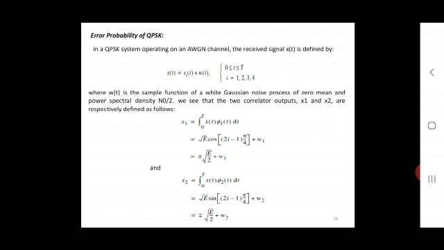Simplifying this, we get minus or plus square root of E by 2 plus w2. Here we are using two basis functions, phi1(t) and phi2(t), that are multiplied with the signal, integrating from 0 to T, where t is greater than or equal to 0 and less than or equal to T. So we get the values of x1 and x2, that is plus or minus square root of E by 2 plus w.